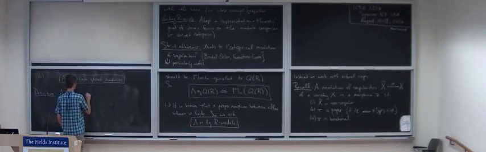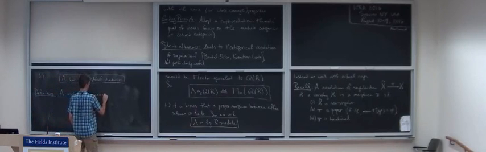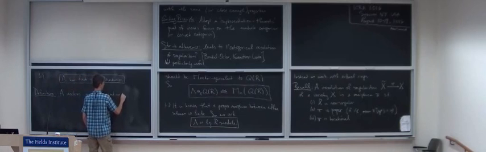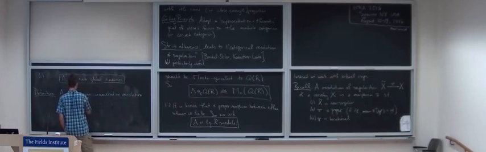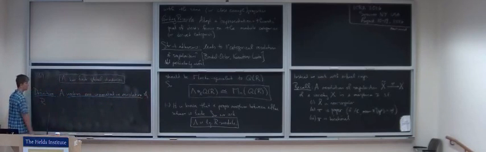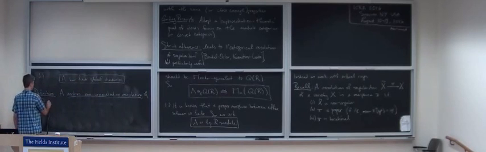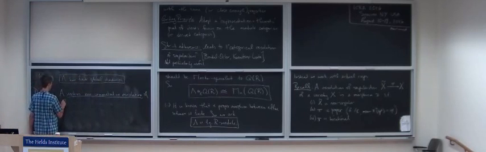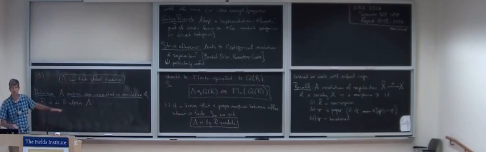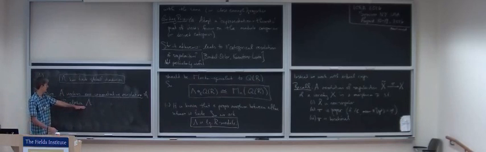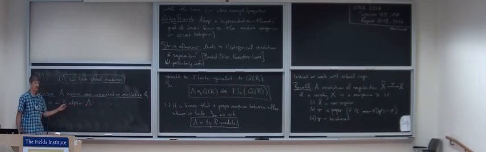A useless non-commutative resolution of R, which is some unspecified commutative ring, is an R algebra lambda, which includes, by the way, for the technically minded, the assumption that R maps into the center of lambda. But let's ignore that for now.